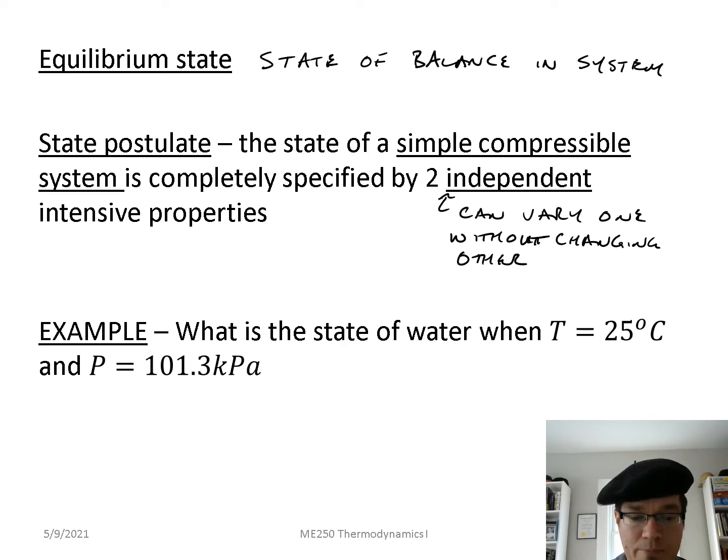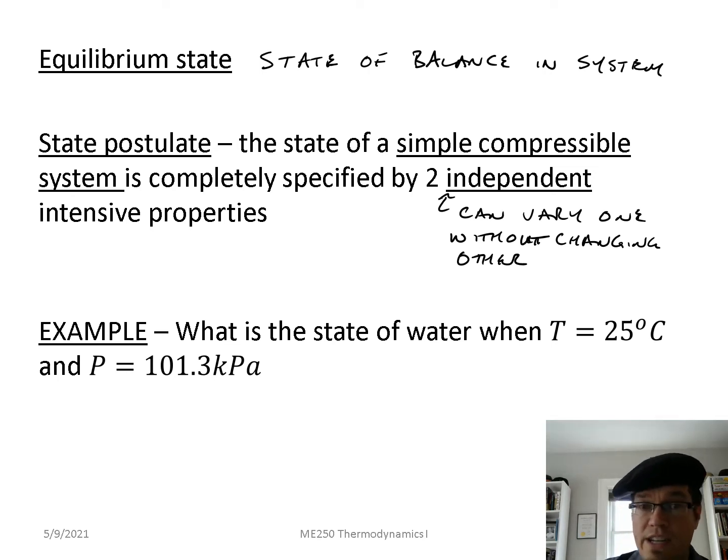So for an example of that, what is the equilibrium state of water when it is at 25 degrees Celsius and a pressure of 101.3 kilopascals? So I picked a really specific point there, that is standard temperature and pressure, or at least it's one definition of standard temperature and pressure.